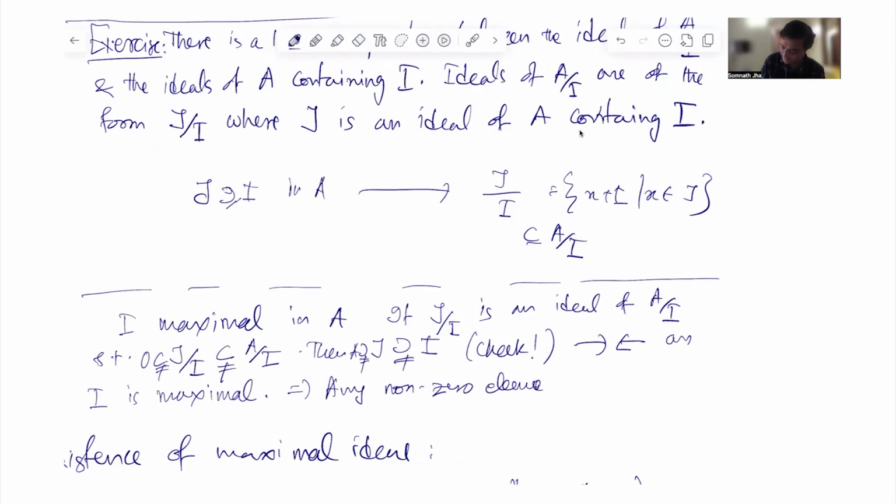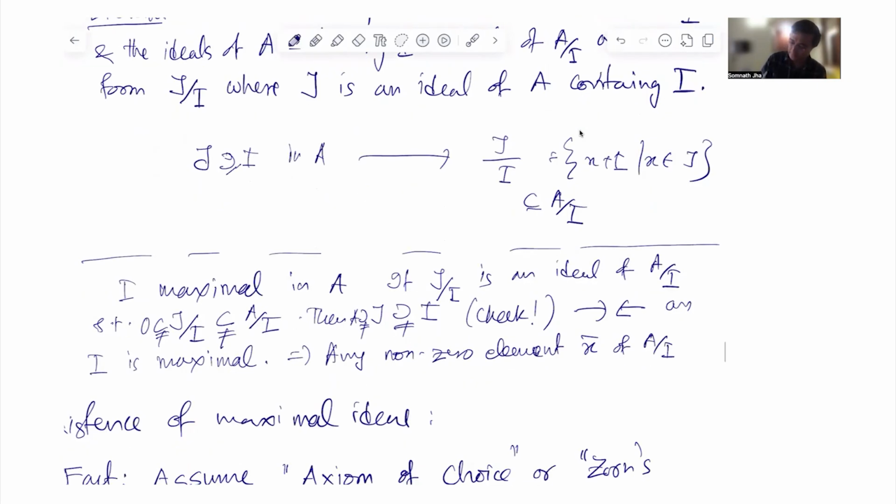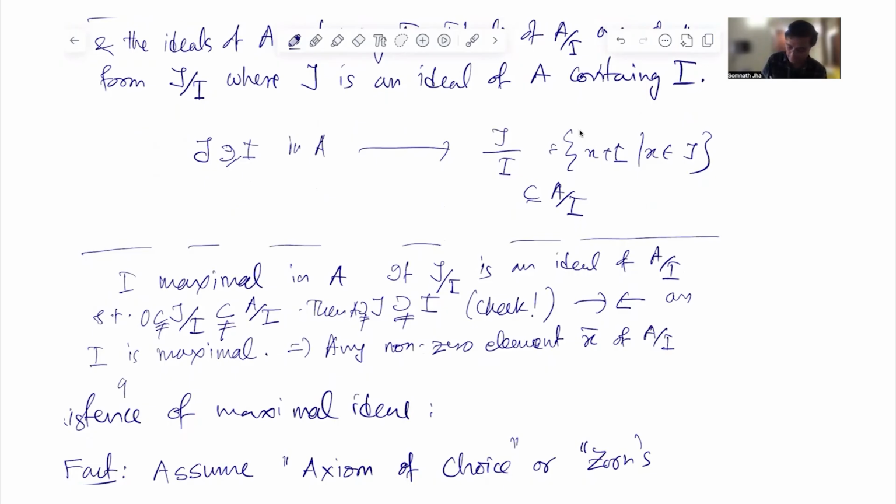So any non-zero element x bar of A mod I generates the ideal, x bar equal to the whole ring. So x bar is a unit in A mod I, right?